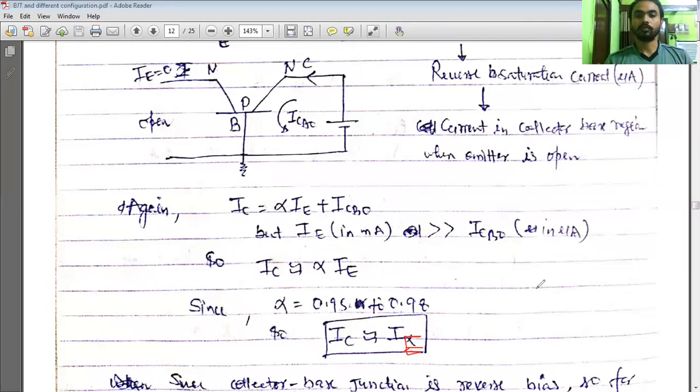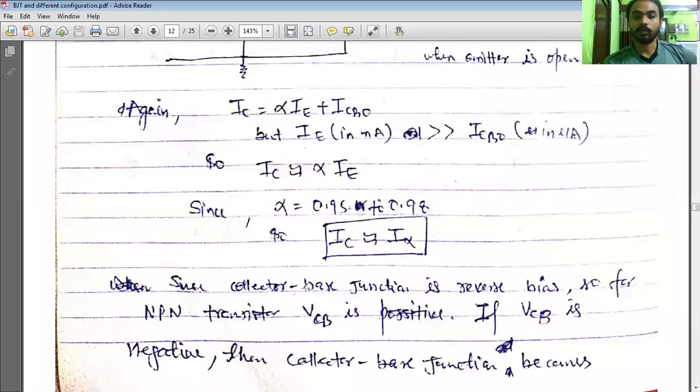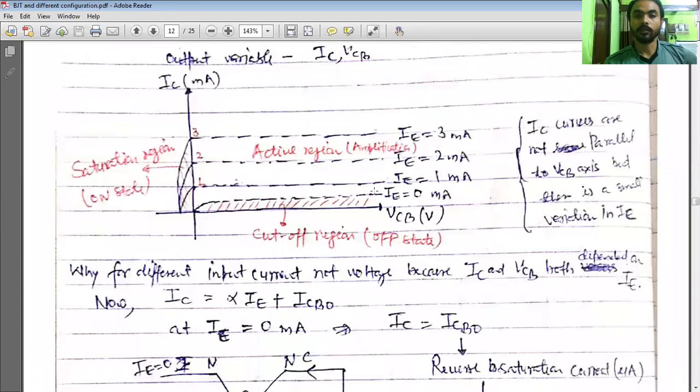Very good. So we'll go here and see this again. As you have some emitter current, the reverse saturation current will have no significant value.